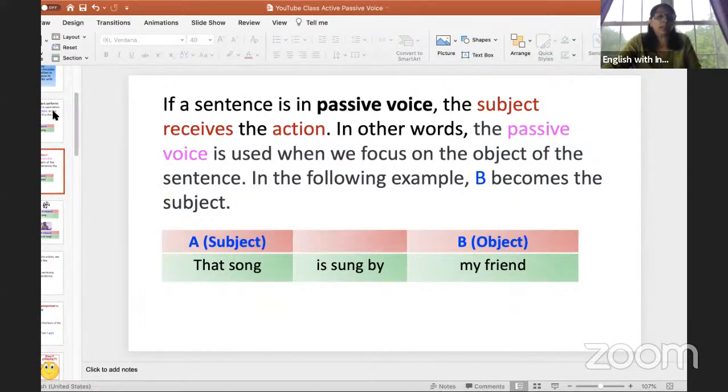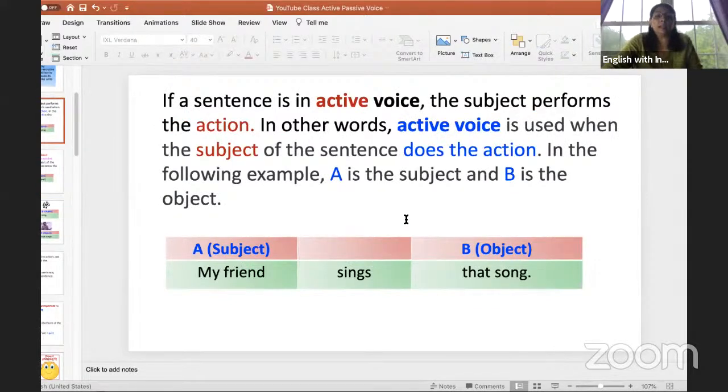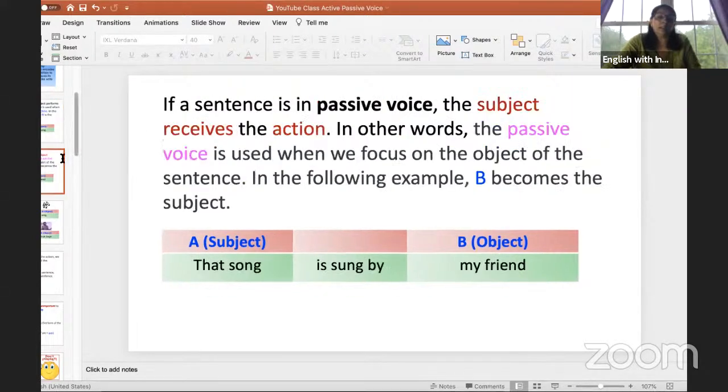I want you to go ahead and review it, because then it will stick in your mind. So in active voice, the subject performs the action, right? And then you can see in the passive voice, the object is the subject, right? So it changed. So that song in this one.